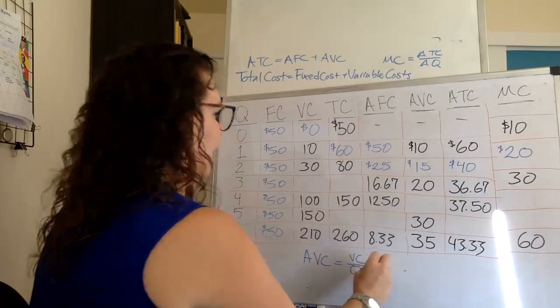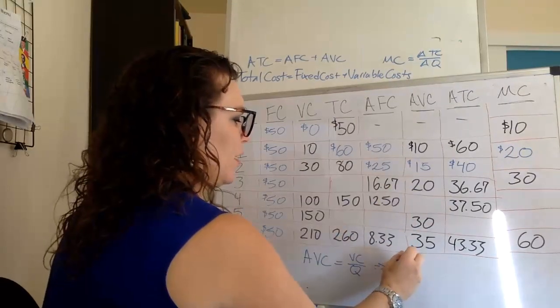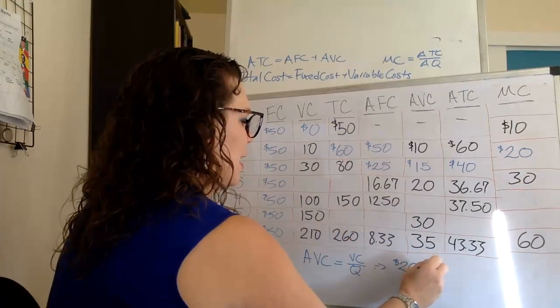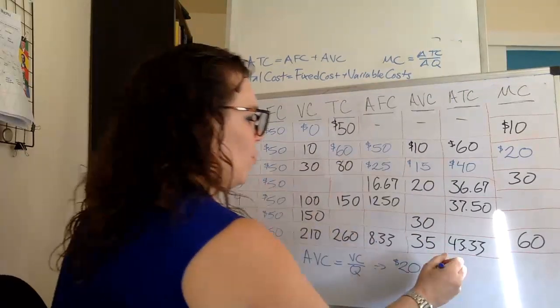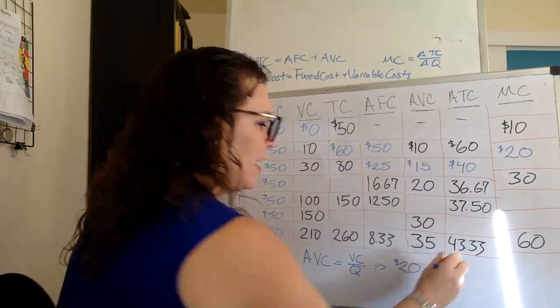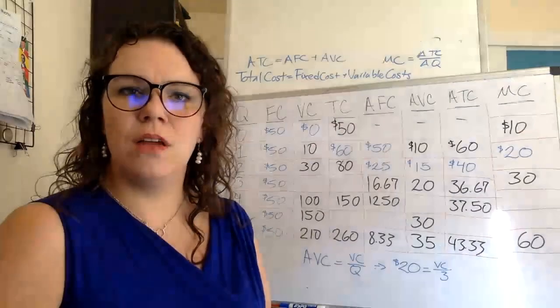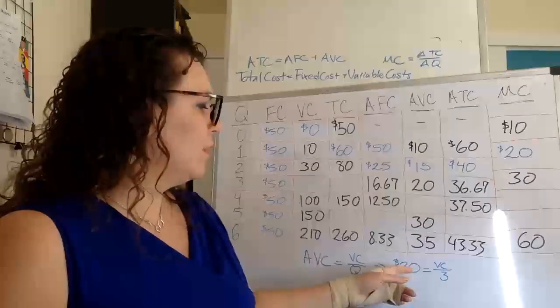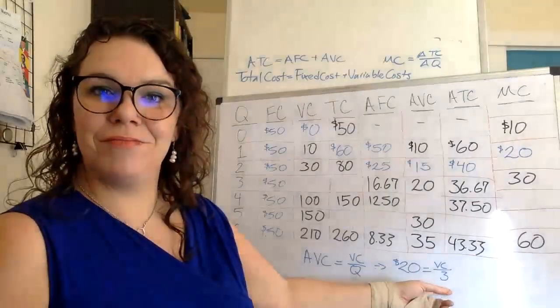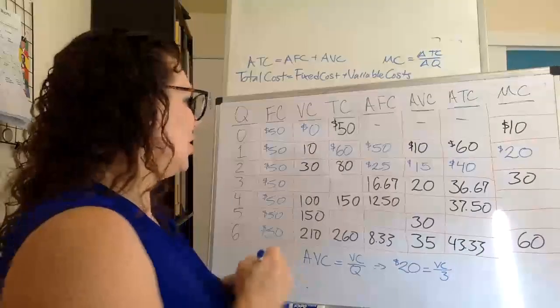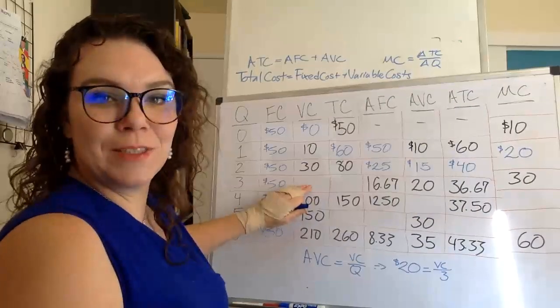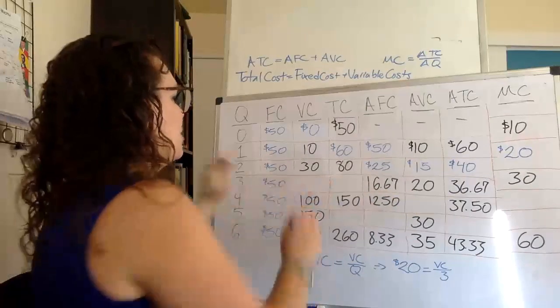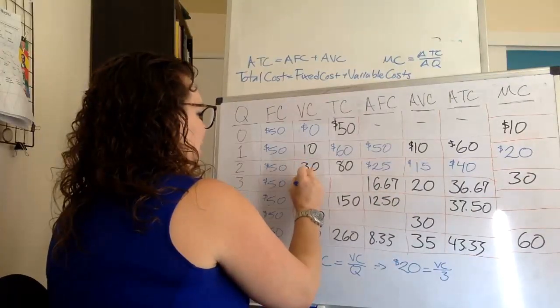So if we've got an average variable cost of $20 and a quantity of 3, then we just need to solve for variable cost by multiplying 20 by 3. Make sense? So our variable cost here is going to be 20 times 3, or $60.